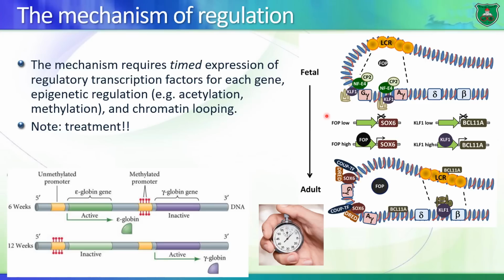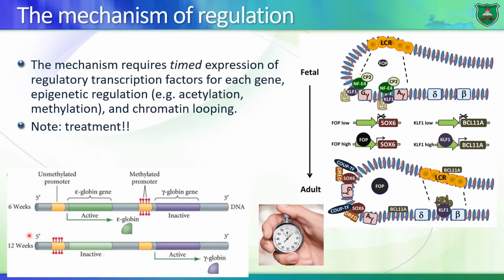So what happens here is that you have modification of the DNA regions by epigenetics. Remember, acetylation, methylation, and so on, as well as chromatin compactness or packaging. Okay, having euchromatin versus heterochromatin, and so on.